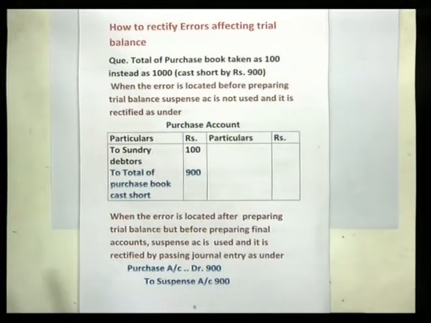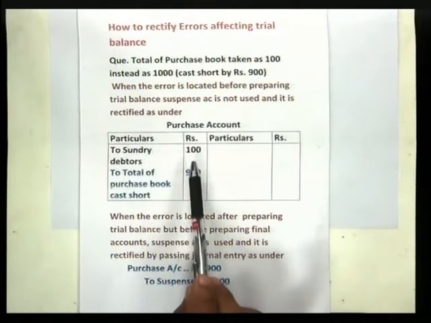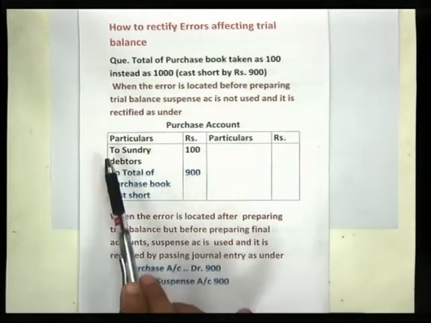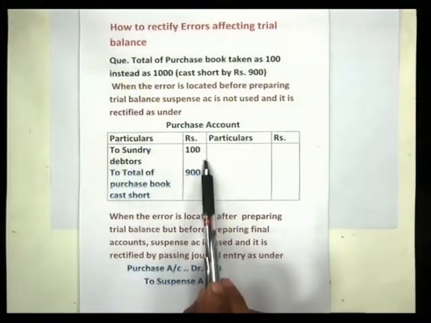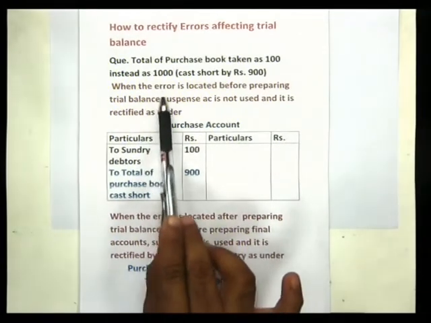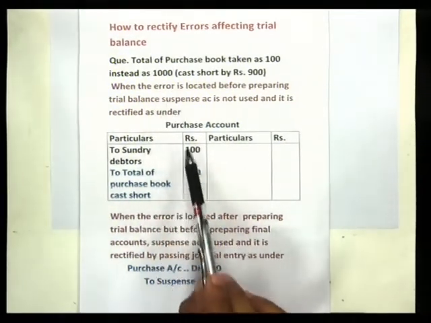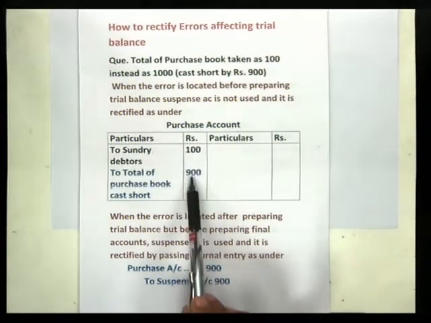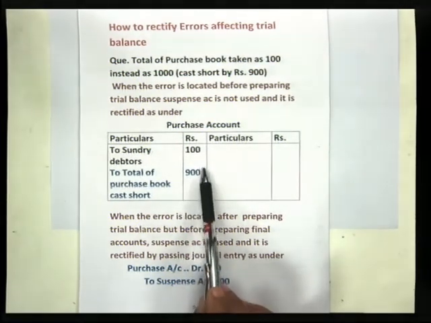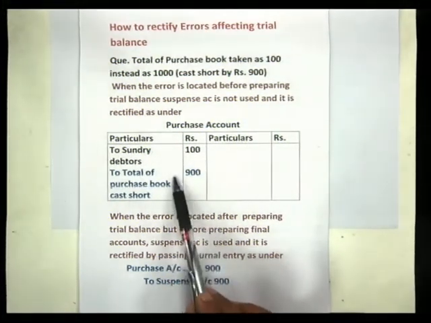So here the entry is recorded as if right now to sundry debtors rupees 100, the correct amount is rupees 1000. So in order to make the purchase account total rupees 1000, you should debit more rupees 900.